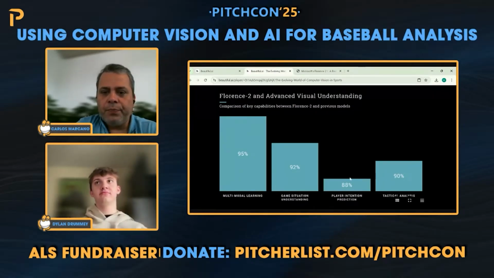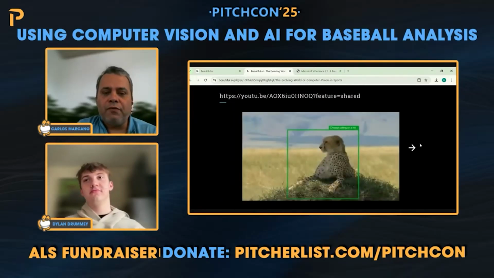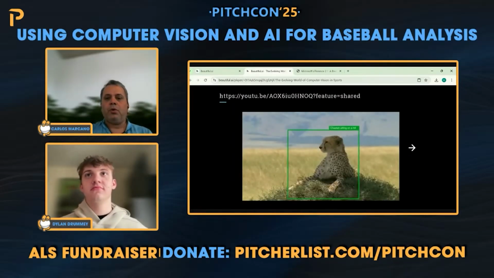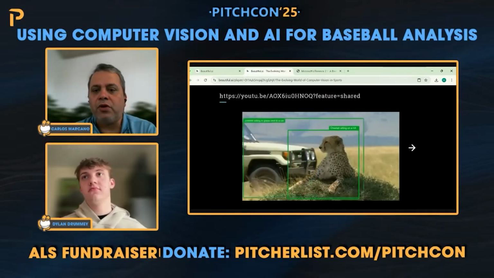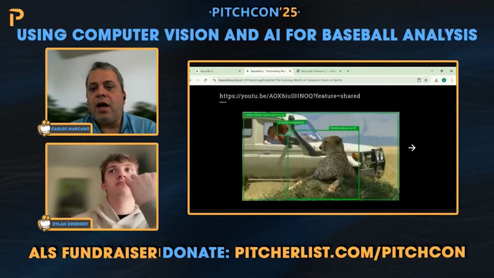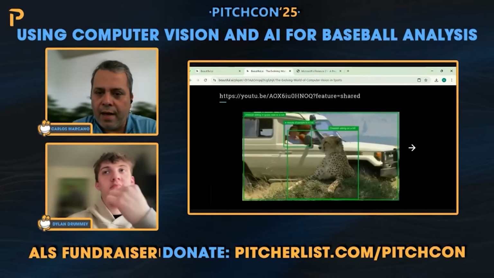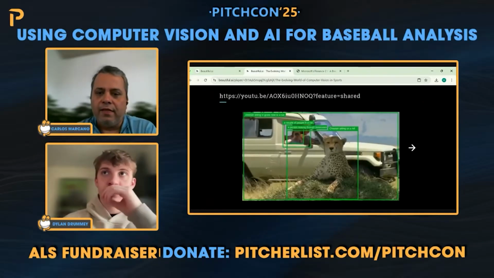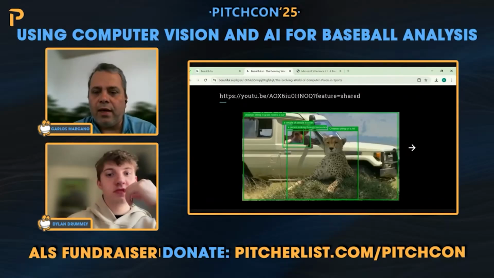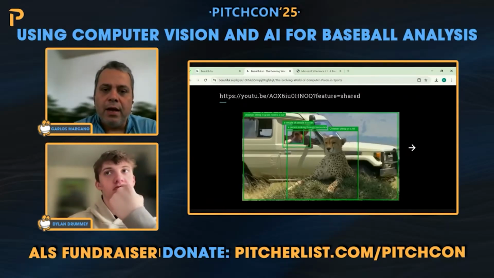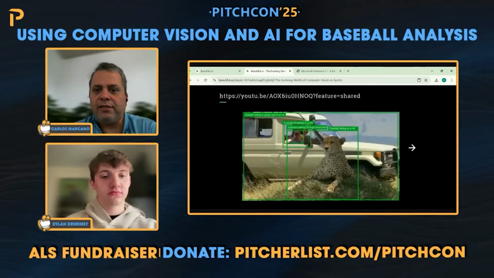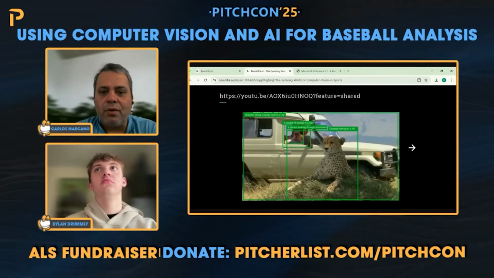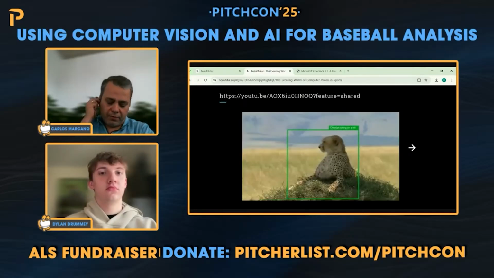Just to give you an example of how multimodal this VLM works, if you see the video, you see that it not only recognizes or tracks an object, in this case the cheetah and the truck behind it. It actually gives you context information around it. You can see that it says cheetah is sitting on a hill, a person looking through binoculars, a couple of people in a car.